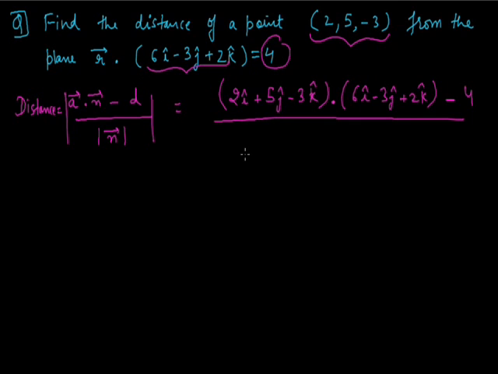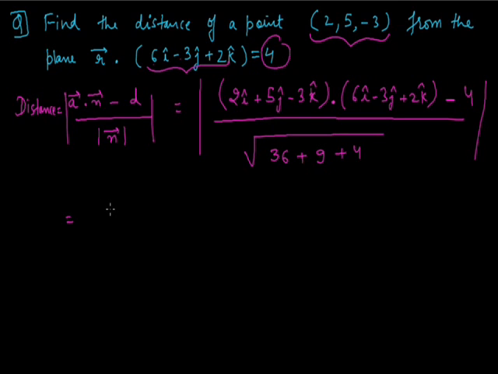Mod of n vector is going to be under root 6 square, that is 36, plus minus 3 square, that is 9, plus 2 square, that is 4, and the whole thing inside the mod.